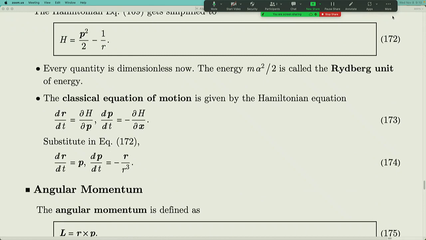Because if you rotate your frame of reference, p squared doesn't change, because p squared doesn't care about the direction of p. And r, which is the length of the displacement vector, also doesn't care about the direction of the displacement. So if you rotate the whole system, although both the r vector and the p vector will rotate by the same angle, eventually it doesn't change the Hamiltonian, so the Hamiltonian has a rotation symmetry.